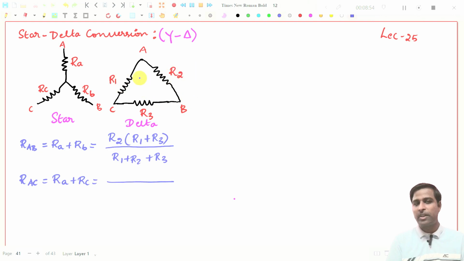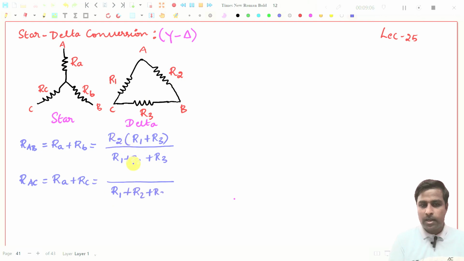The combination of these two will be connected in combination with this. Obviously, the denominator will be the addition of R1 and R2 plus R3, so R1 plus R2 plus R3, and in the numerator R1 multiplied with these two added resistors. So this will be R1 into R2 plus R3.